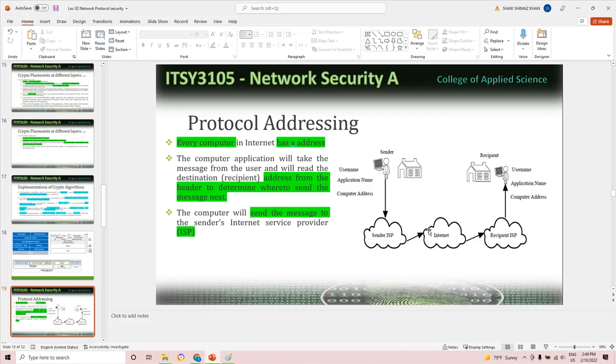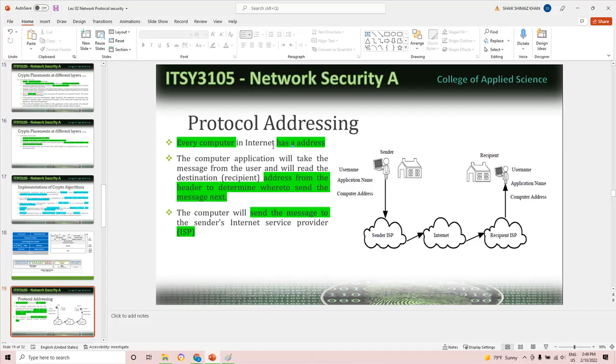From the destination IP address, it knows through which path it has to forward the packet, so that the packet will reach the recipient ISP provider. When the recipient internet service provider receives the packet, based on the IP address, it knows where exactly this packet has to be forwarded. It all depends on the source and destination IP address. So it will come to the recipient.